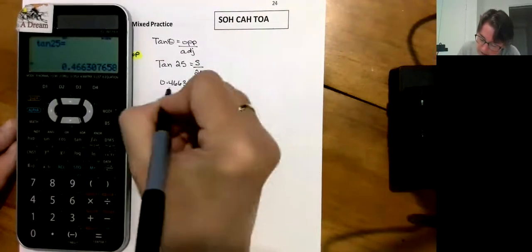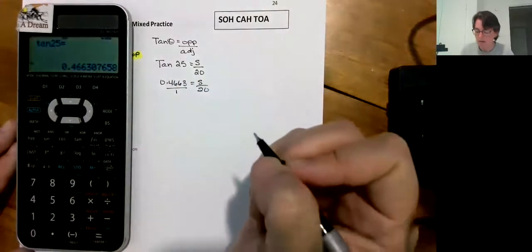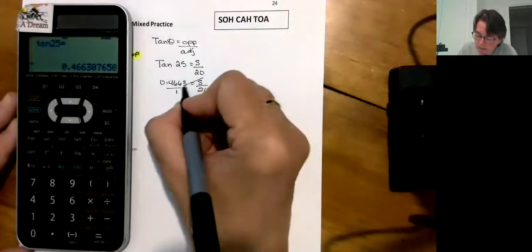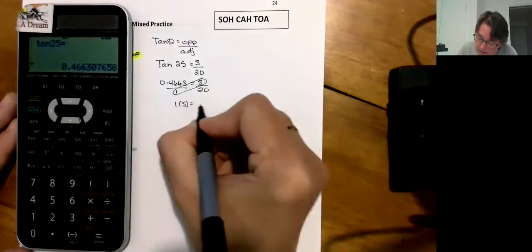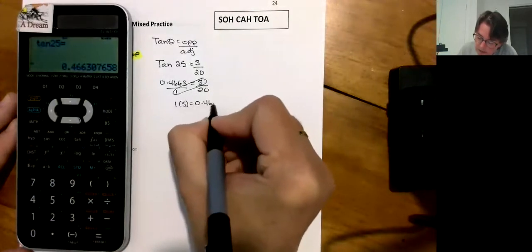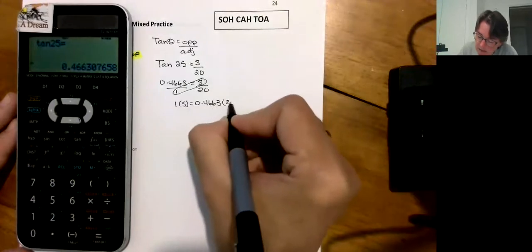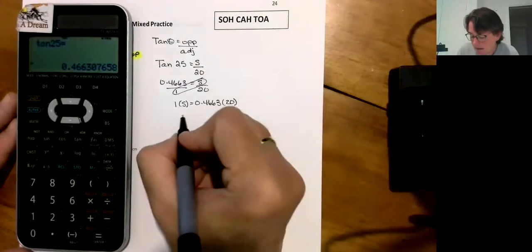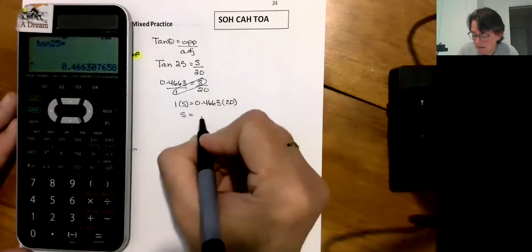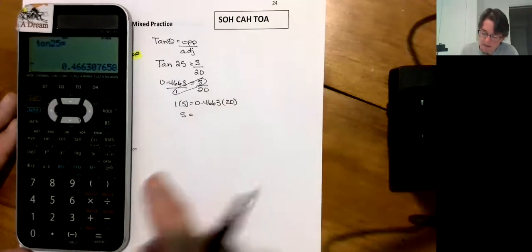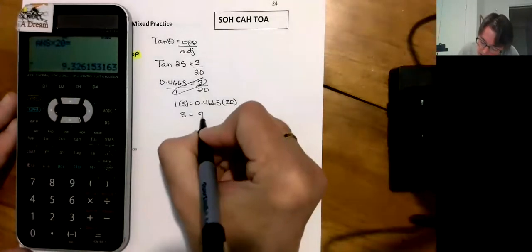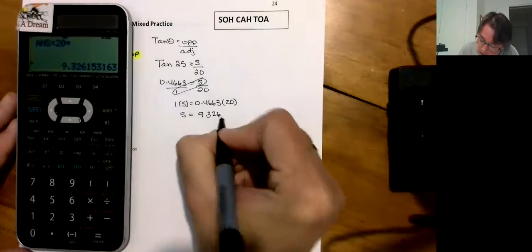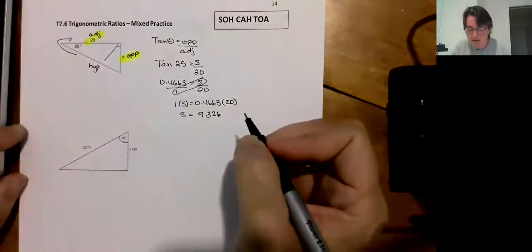And then like always, I'm going to cross multiply. So 1 times S is 0.4663 times 20. So my number is still there, I'm just going to multiply by 20. I don't want to retype that in. 9.326. All right, let's see what we got.